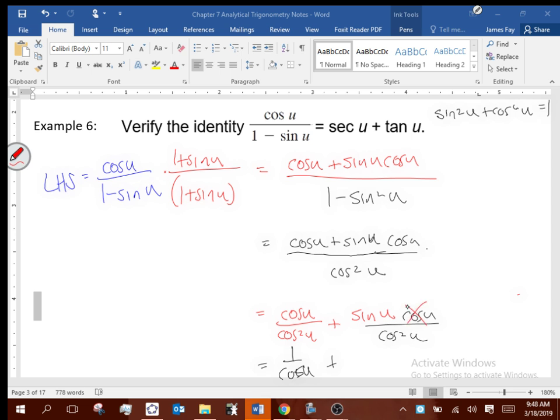Yeah, that cosine u is going to cancel with one of these, and you're left with sine of u over cosine of u, right? What's 1 over cosine u? Secant. What's sine over cosine? Tangent. Does that equal the right-hand side?